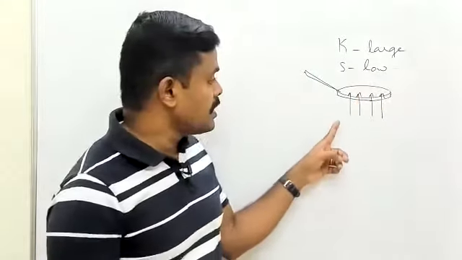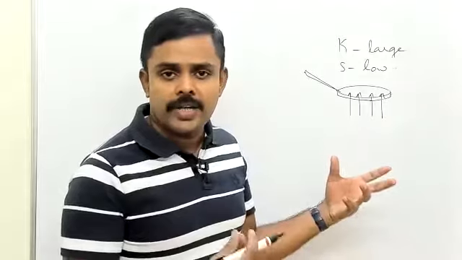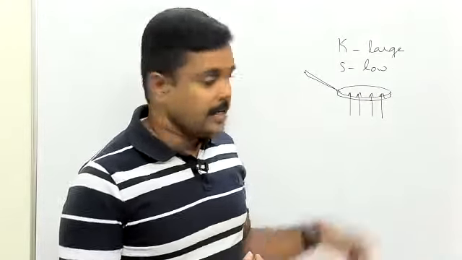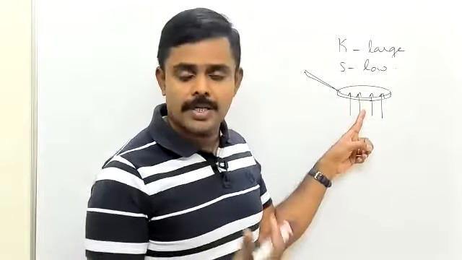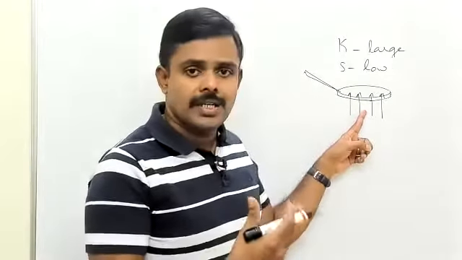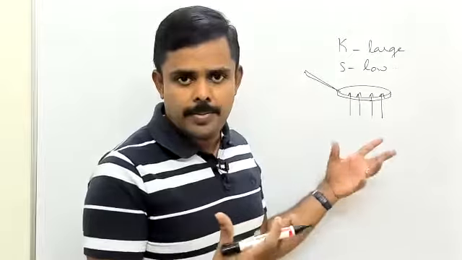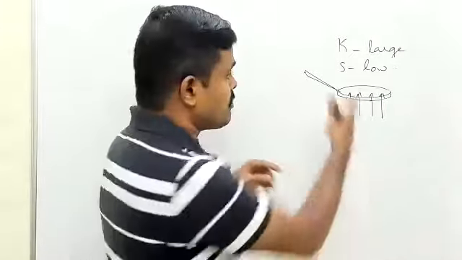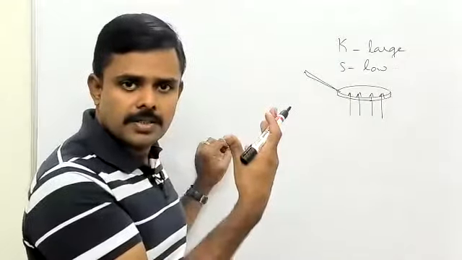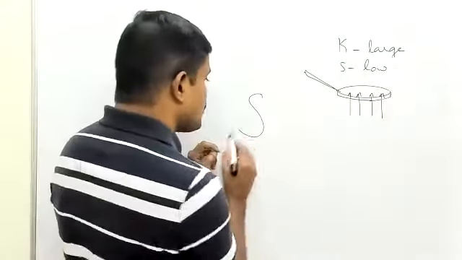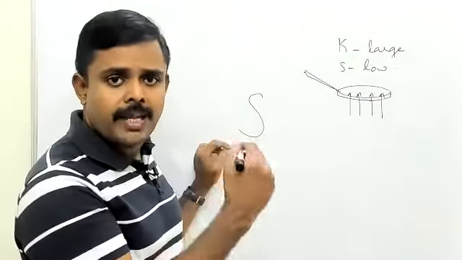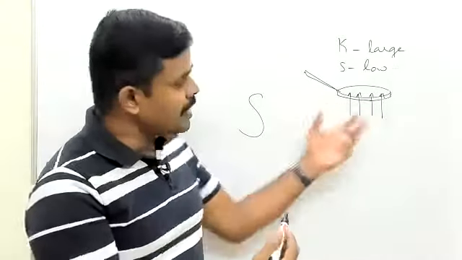Why? Because specific heat is the heat required to raise the temperature of 1 kilogram of substance by 1 degree Celsius. It is low here because if it is large, it will take a longer time to heat up the pan. Just imagine what if the specific heat capacity is large. That means you have to supply a lot of heat to heat the pan up, right?